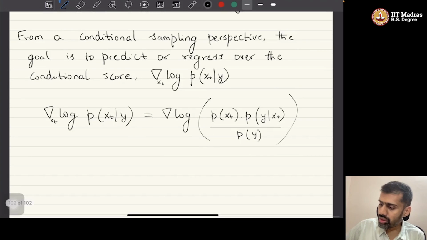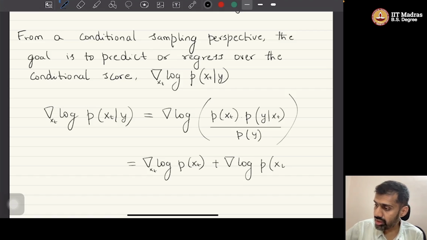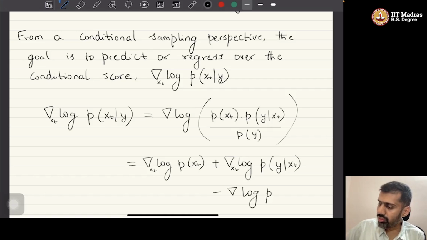Okay, so this is equal to the gradient of log of P of xt with respect to xt, plus the gradient of log of p of y given xt, with respect to xt, and we have the third term, which is the gradient of log of p of y with respect to xt.